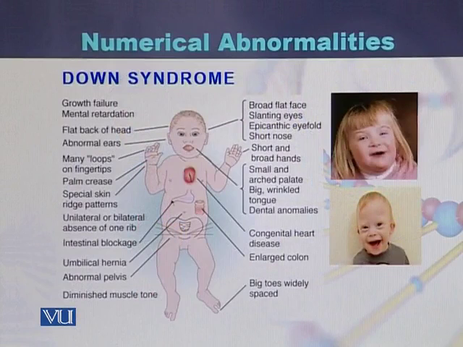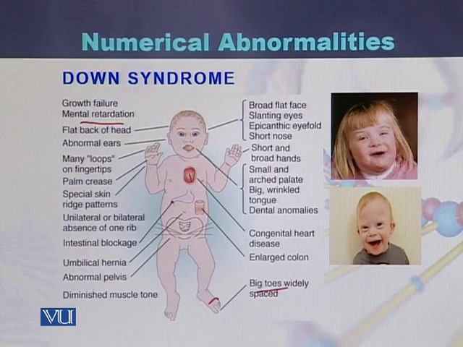These are typical photographs of individuals who have Down syndrome, and the description written shows the symptoms which are present in these individuals, like mental retardation, common abnormalities, as well as big toes.